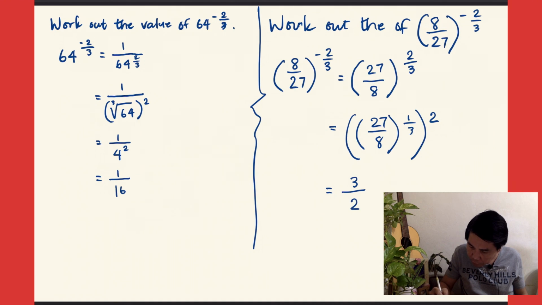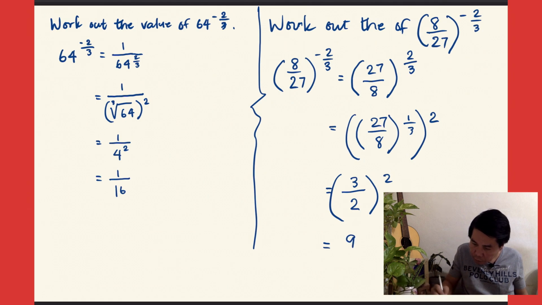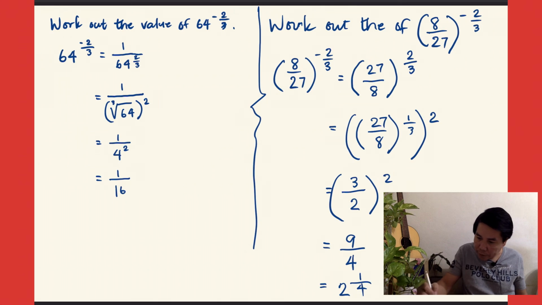And then there's still a square there. So we have now 3 times 3 is 9 over 2 times 2 is 4. Then we simplify the improper fraction. So 9 divided by 4 is 2, and remainder 1 over 4. So that's our final answer.